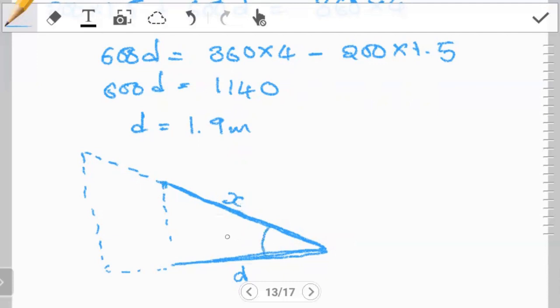This angle, we found it earlier on. This was 53.1. So we've just seen what D is, 1.9. So meaning we can use cos here.